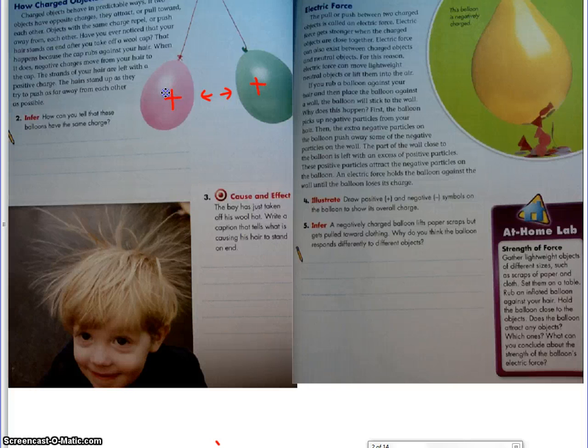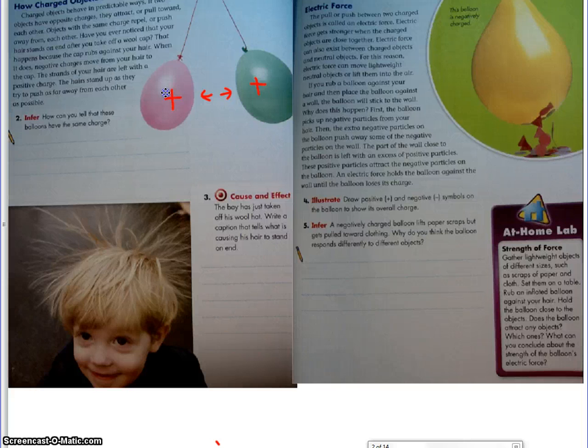The strands of your hair are left with a positive charge. The hair stands up as they try to push as far away from each other as possible. Oh, so that's kind of cool. So if you look at the picture down below, that's why your hair stands up, because of static electricity: the charge is being moved from your hair to the cap.